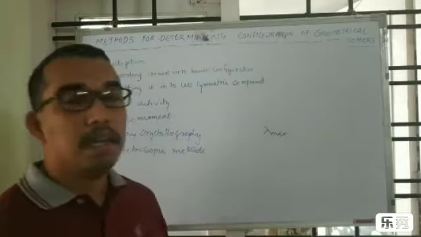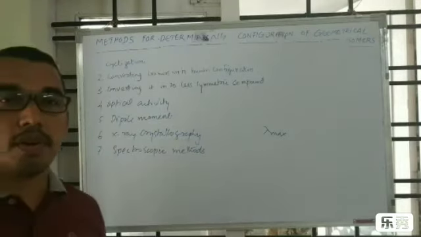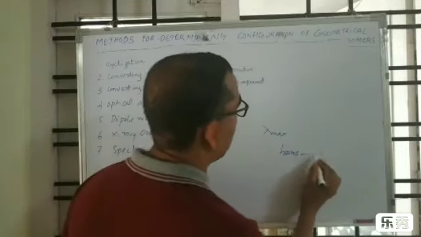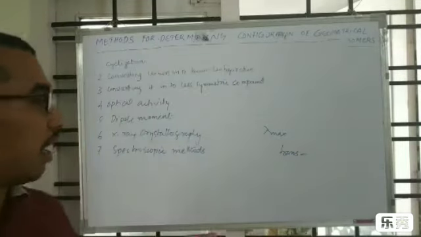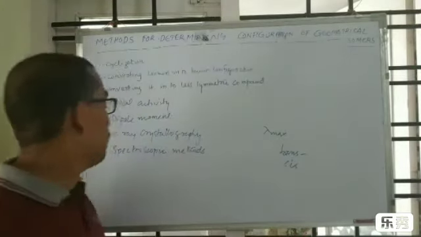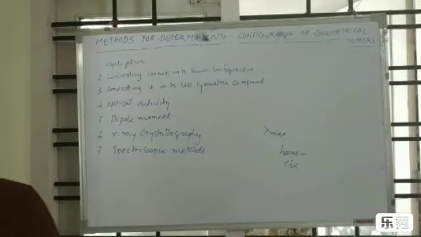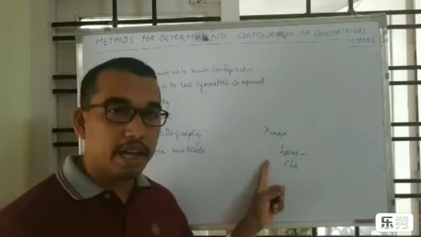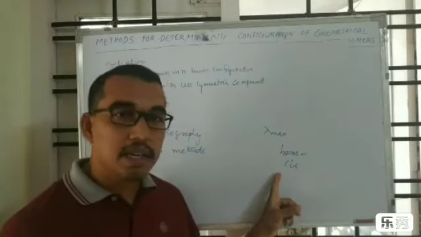The lambda max will be higher for the trans variety than the cis isomer.